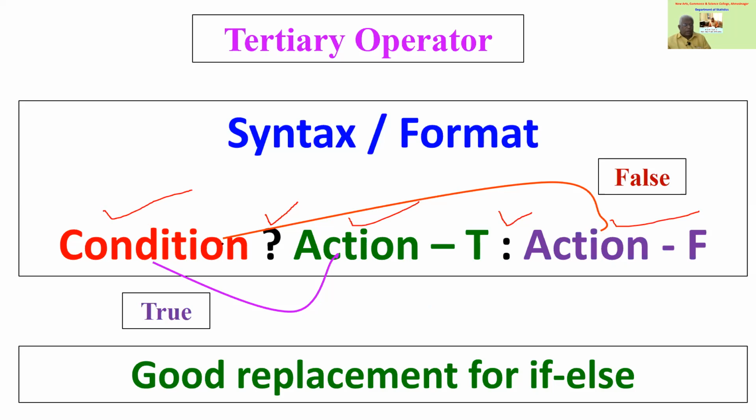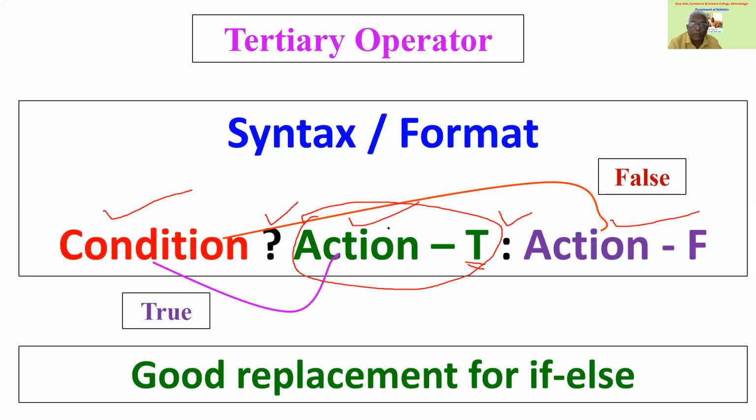And this condition will have A less than B. It is either true or false. A greater than B. It is either true or false. A less than or equal to B. Either true or false. A greater than or equal to B. Either true or false. So if your condition is true, you are supposed to perform this action because it is action T. T means true.